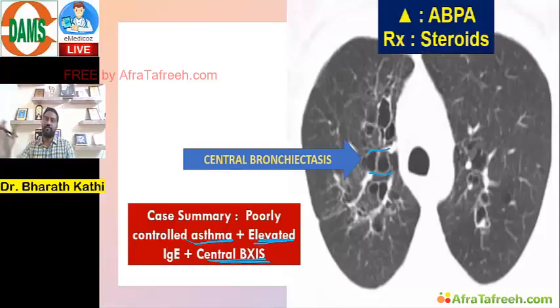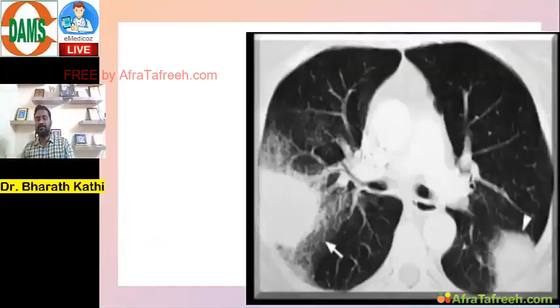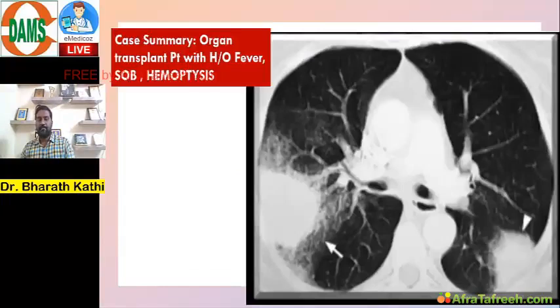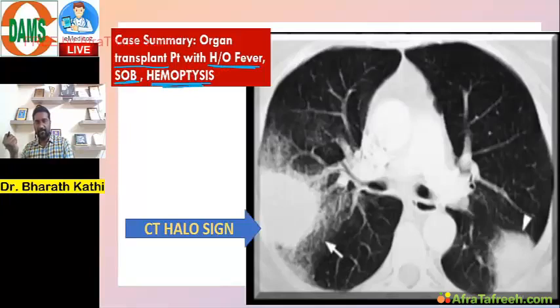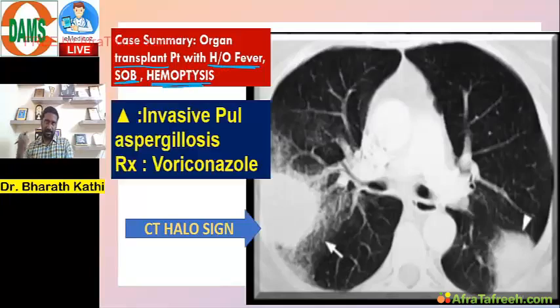It is allergic bronchopulmonary aspergillosis and treatment is steroids. And then another patient, organ transplant, means immunocompromised, history of fever, shortness of breath, hemoptysis. With such a CT chest finding, what do you see? CT halo sign. What is this? Invasive pulmonary aspergillosis. And treatment here will be voriconazole.